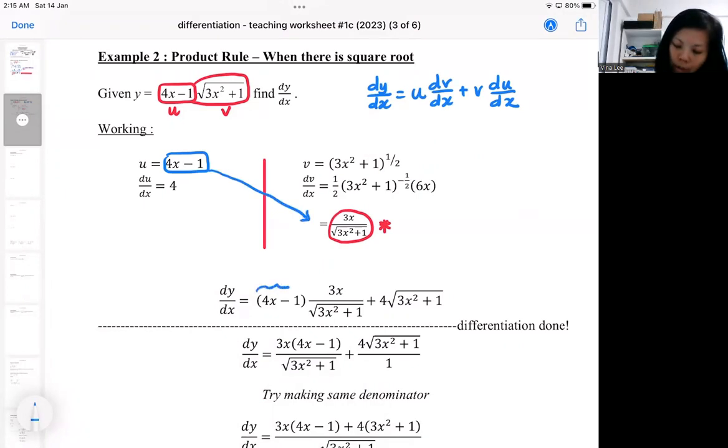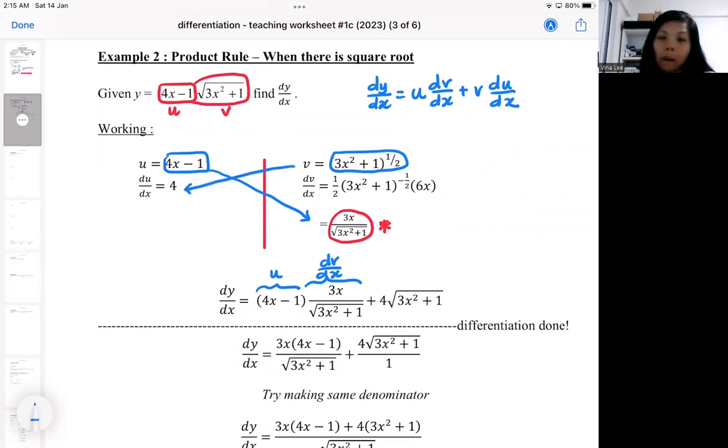So this is the u, this is dv dx. Then the other part is v. So I'm going to take the function for v, multiply to this. So this is a power half. So this part here is du dx.